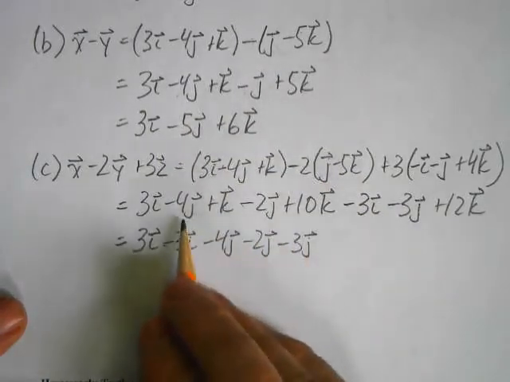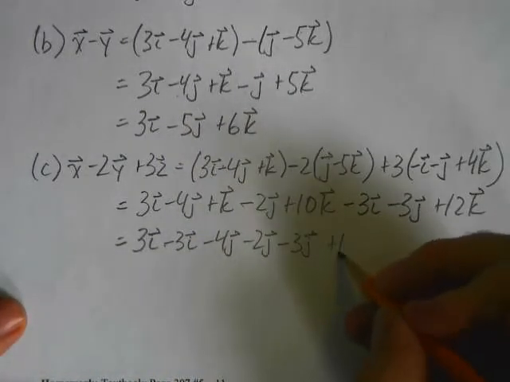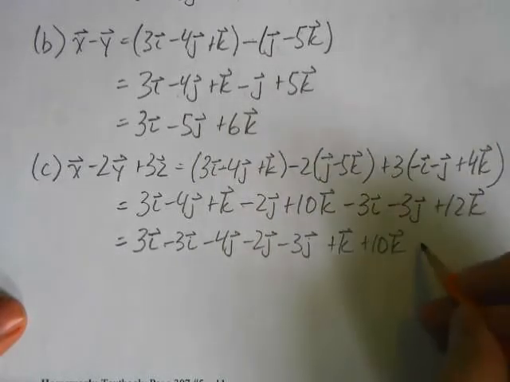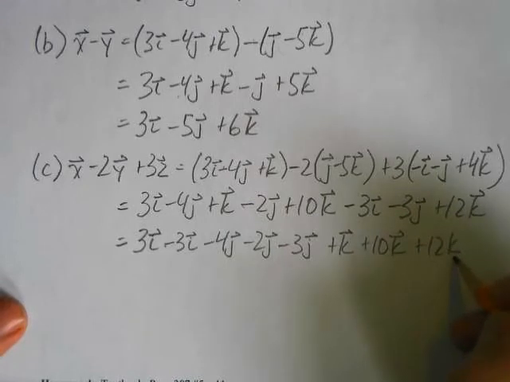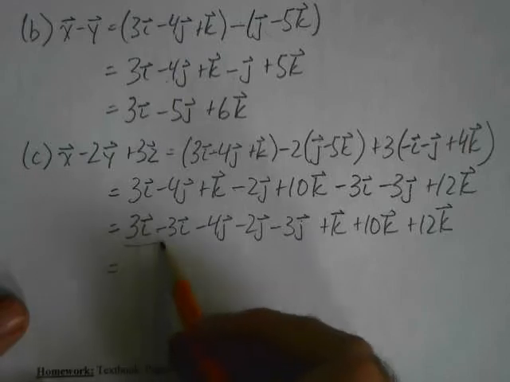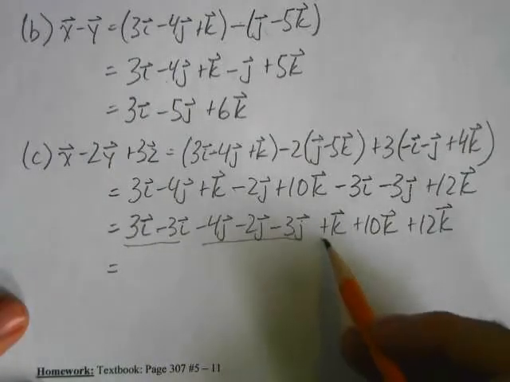That takes care of all the j's. And then I have a plus k, a plus 10k, and a plus 12k. Okay, so now it's easier to combine. I've got those two, I've got those three, and I've got those three.